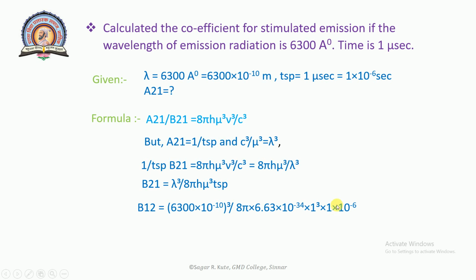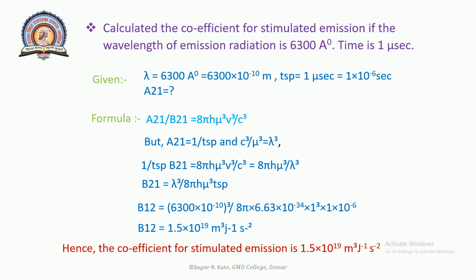Now calculating this equation, we get the value B12 is equal to 1.5 into 10 raised to 19 meter cube joule inverse per second inverse. Hence the coefficient for stimulated emission is 1.5 into 10 raised to minus 19.